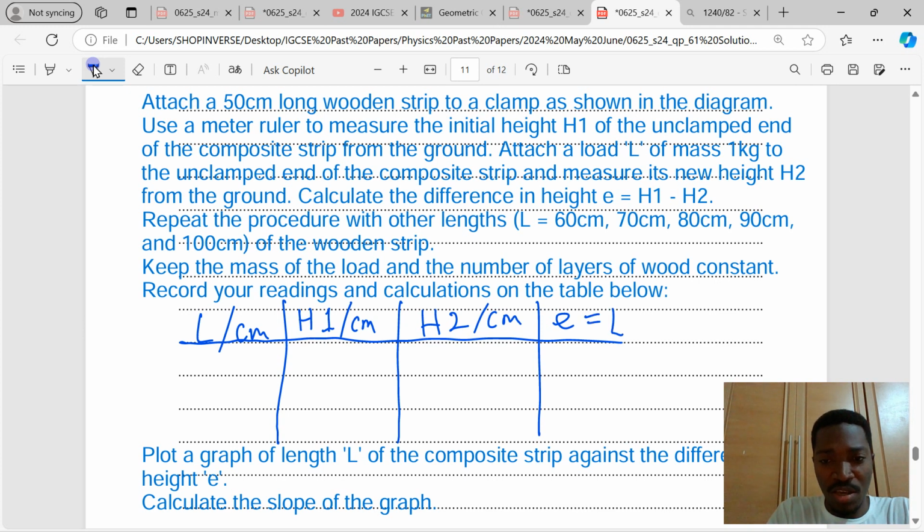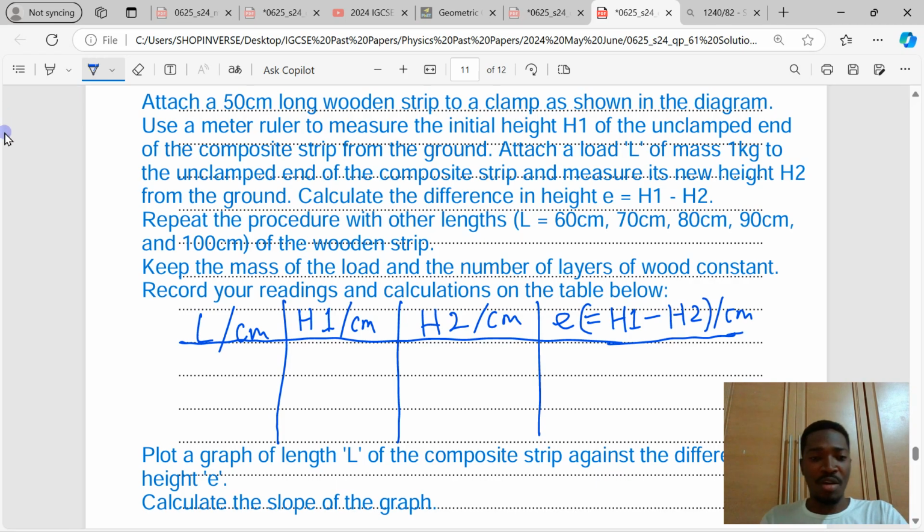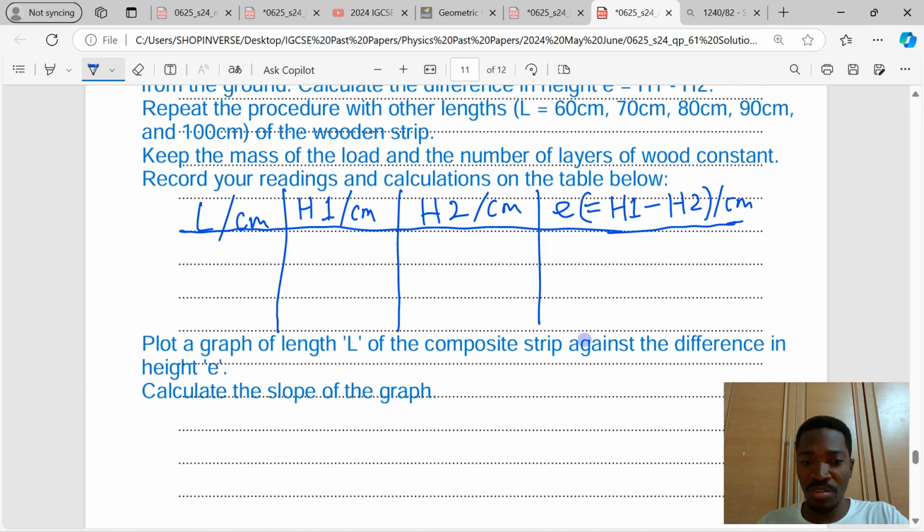Extension is height 1 minus height 2 in centimeters. So that is another thing I can do here. So I've explained the procedure in terms of length and extension. Those are the two ways of answering this question.